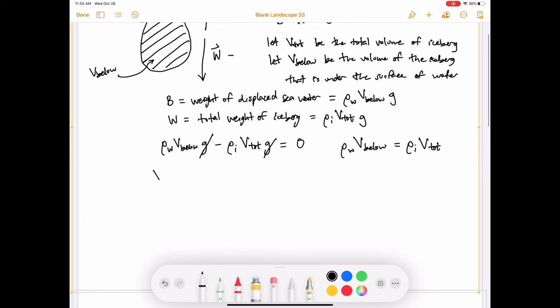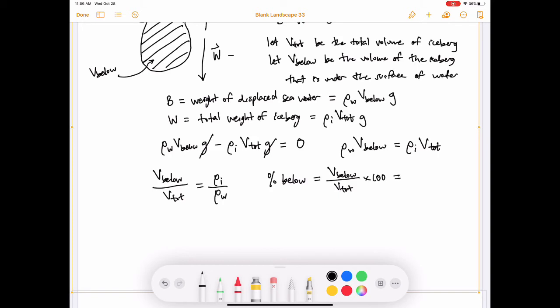So V below divided by V total is equal to the density of ice divided by the density of the water. The percentage of our iceberg that's below the surface of the water would be V below divided by V total, times 100 to make that a percentage.